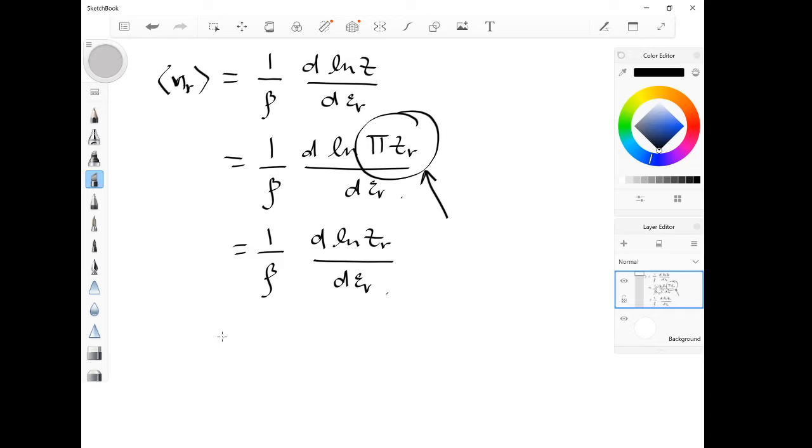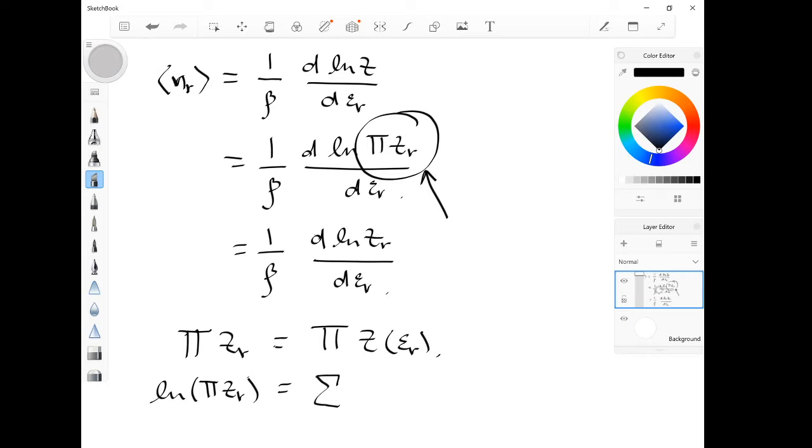Because if you have your product of Z_r, your partition functions are with respect to E_r. And so if you take the log of the product of these Z_r's, you end up with the sum of a bunch of logs of the partition function Z_r with respect to E_r. And if you differentiate this, so d of E_r, oh, that's bad.